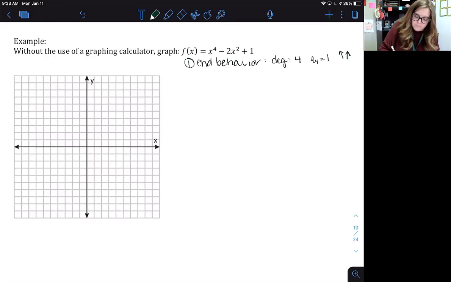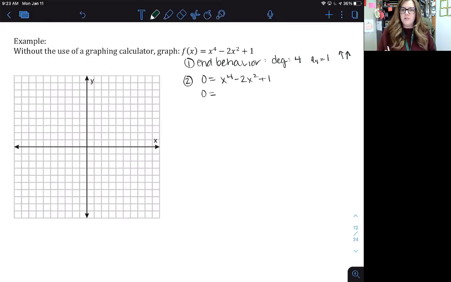Okay. Now we want to find our x-intercepts. So I'm going to set this expression equal to 0. So this can actually factor. Our factors of 1 that add to be -2 are -1 and -1. But then we have to be careful here. So x to the fourth, instead of writing just x, this is going to become x squared minus 1.